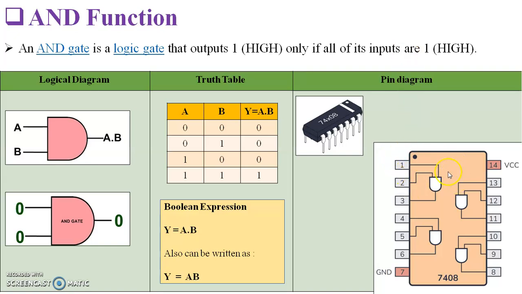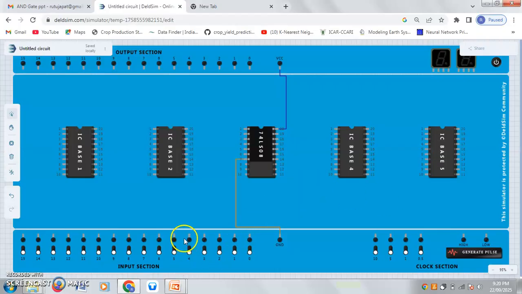The next is, as I told you, there are 4 gates, out of which let us select the first gate, and the inputs for the first gate are pins 1 and 2 and the output is pin number 3. So I can select any of the LEDs from the input section and connect it to pin 1. If this is pin 1, then for this LED I will take a wire and connect it to pin 2.